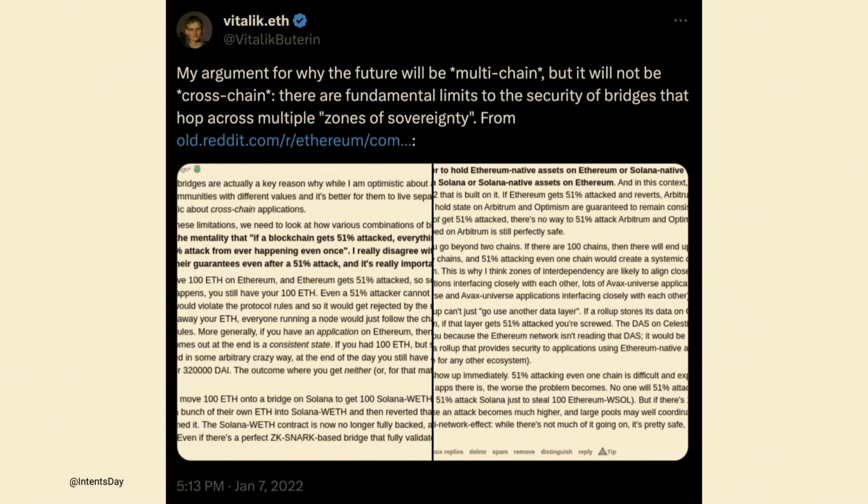One thing I want to go into starts with this tweet from Vitalik, if you remember it. Vitalik talked about how cross chain is a problem, and his belief that the future was going to be multi-chain, because in a cross chain world users are going to move money between chains, chains are going to go down, and people are going to permanently lose funds that they can't recover.